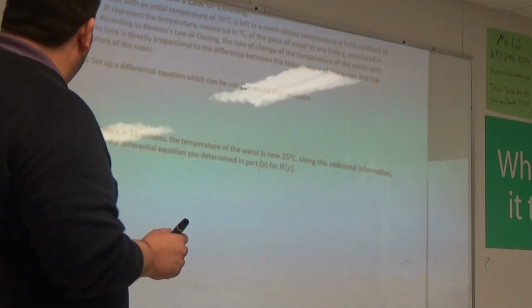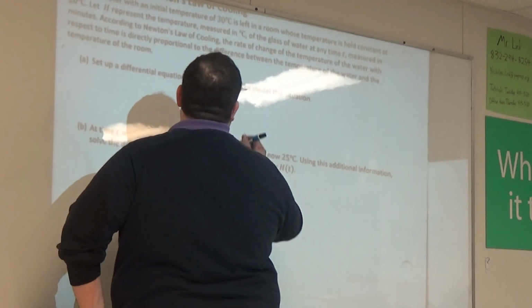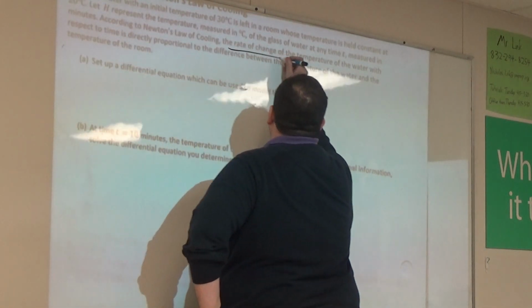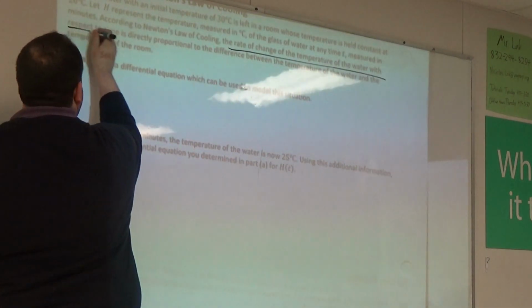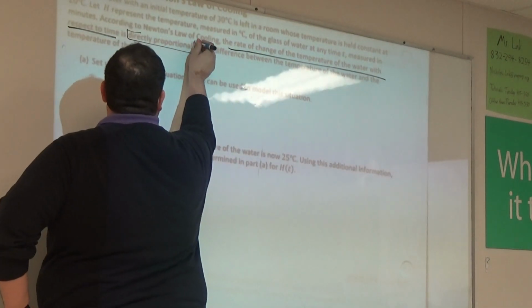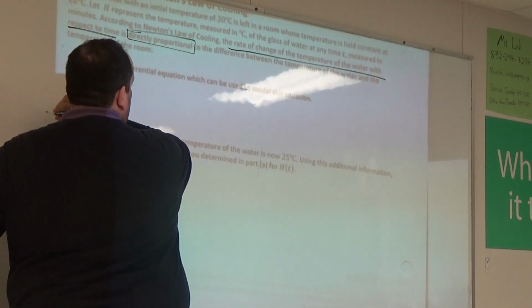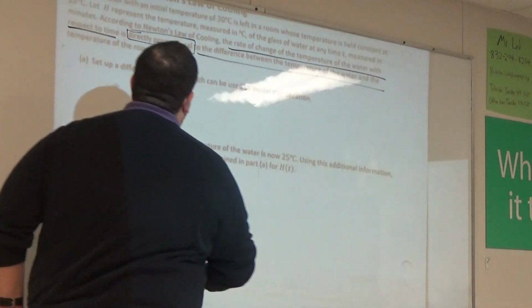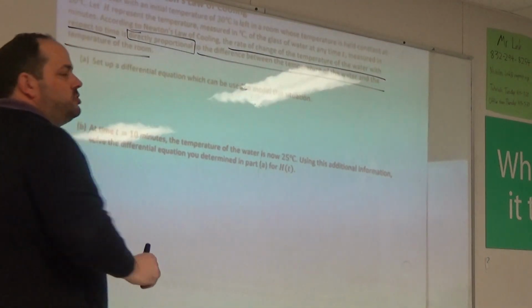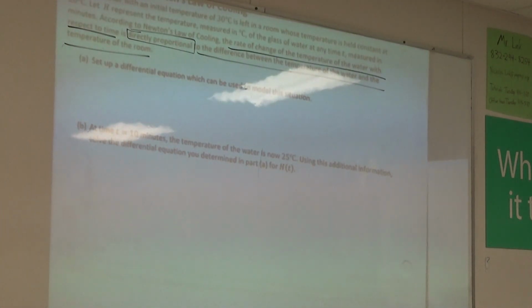The rate of change of the temperature of the water with respect to time is directly proportional to the difference between the temperature of the water and the temperature of the room. Okay, first of all, that is the longest directly proportional statement we have seen so far. But what does that actually mean?